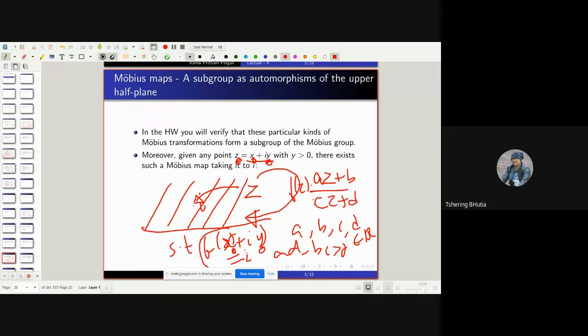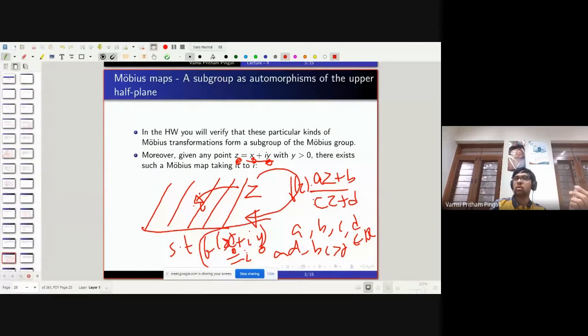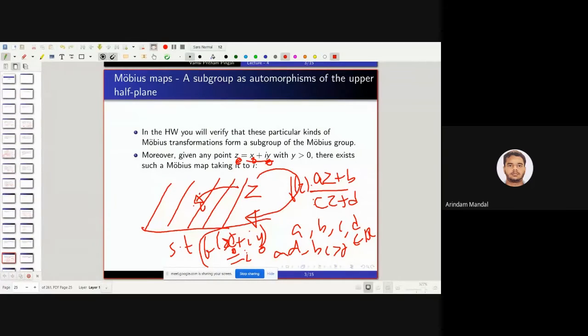In that one, we used to map a line to a line, right? Real axis to a real axis. Here we are taking some point in the upper half plane. No. In the previous result, I'll tell you what it states: given any three distinct points in the complex plane, I can find a Mobius transformation that takes these 3 points to any 3 other points on the complex plane. Here we are fixing i on the right hand side.